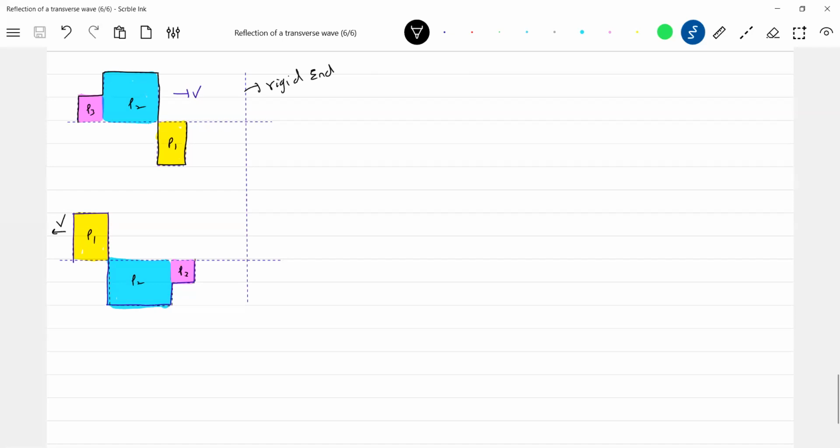When a wave arrives at a rigid end, it will get reflected and will be inverted.